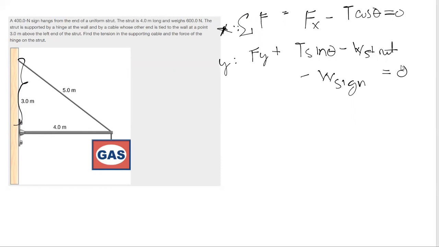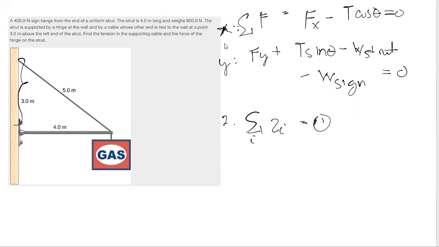Next, to make progress, let's do the summation of torque condition. Using it, let's identify the torques present on the system. What possible forces here can produce torques?